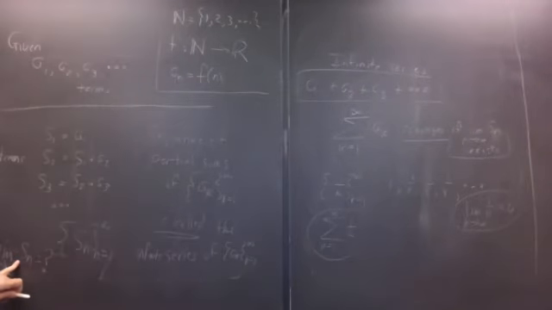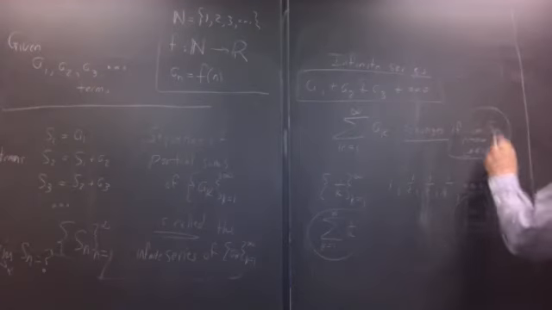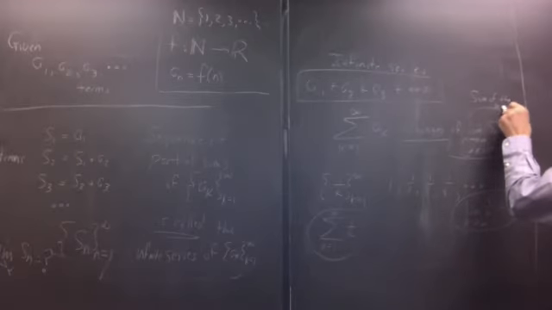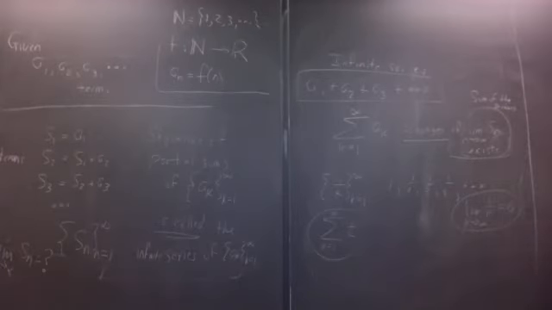In other words, if this limit exists, we say that's just the limit of a sequence. But if it exists, we say the series converges. And the limit of the sequence of partial sums is called the sum of the series, if it exists.